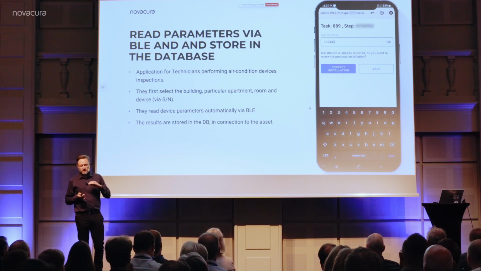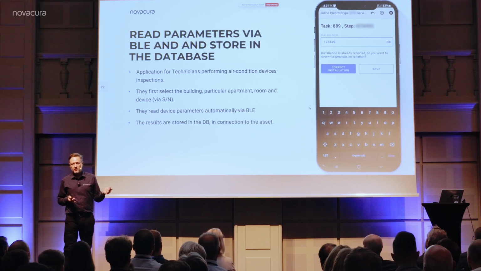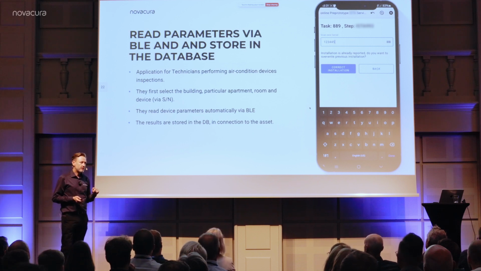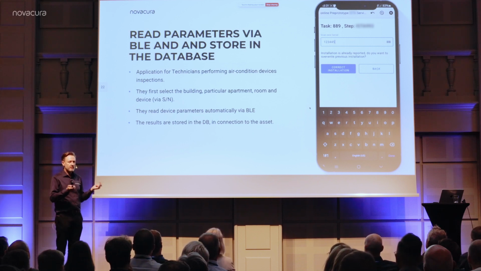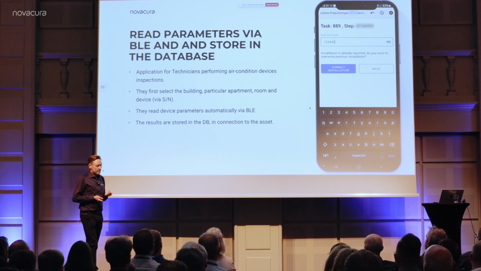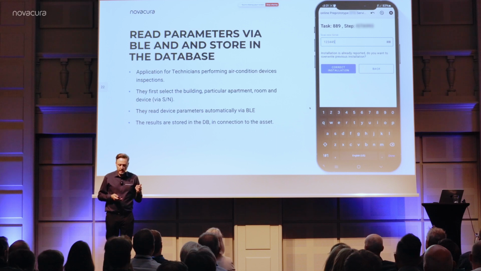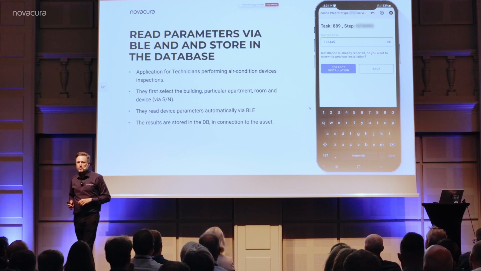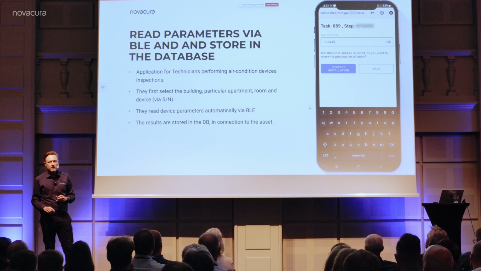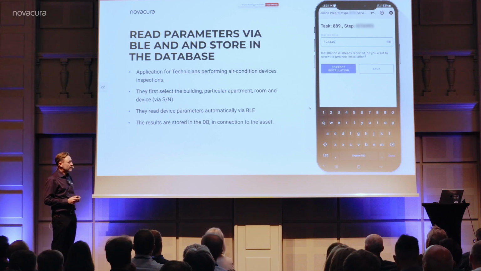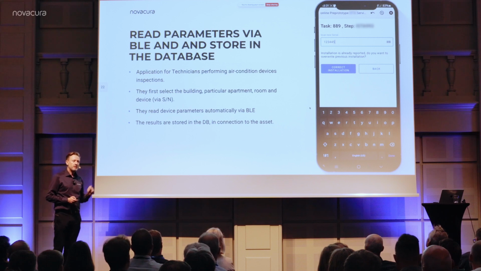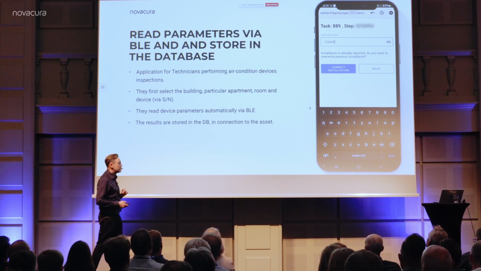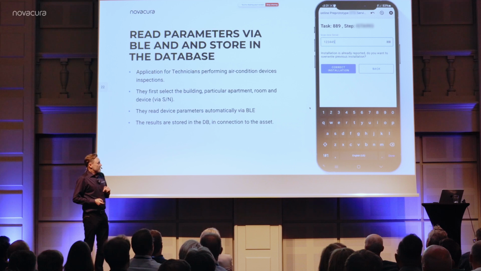They have to visit several buildings, find specific rooms and specific air conditioning devices, and receive some parameters from these devices. Previously they were just retyping parameters from the little displays, and now they can automatically connect to the devices and read parameters via Bluetooth Low Energy, the BLE standard.